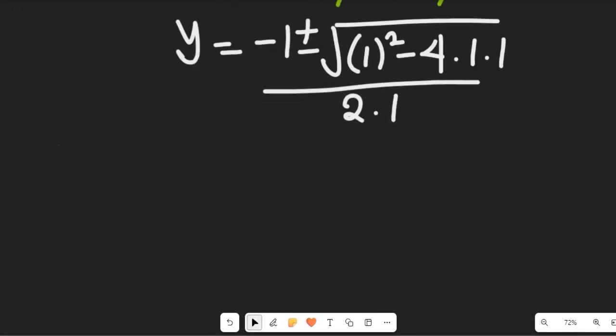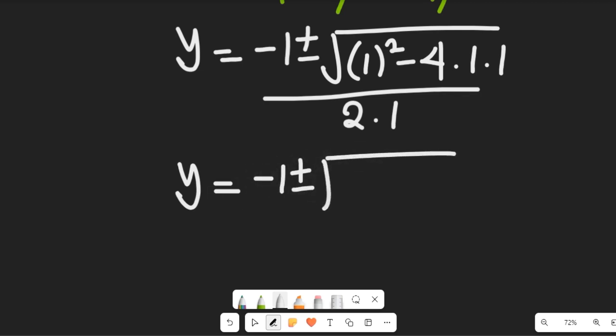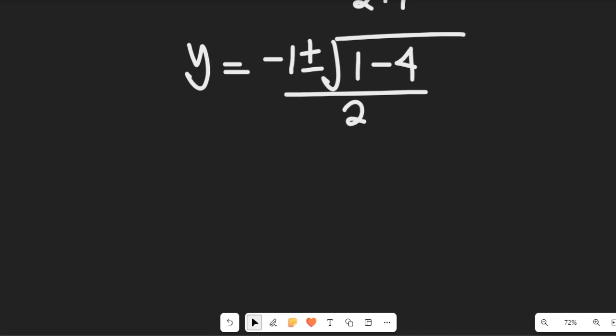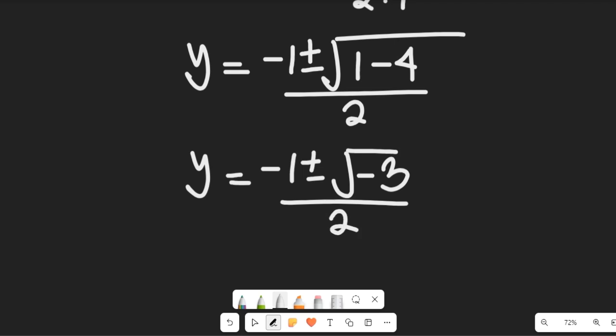So if we simplify that, we're going to have y to be equal to negative 1 plus or minus square root of 1 minus 4 divided by 2, right? And so we'll have the value of our y to be equal to negative 1 plus or minus square root of negative 3, and that will be divided by 2.